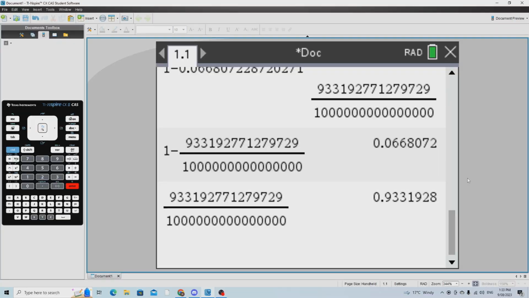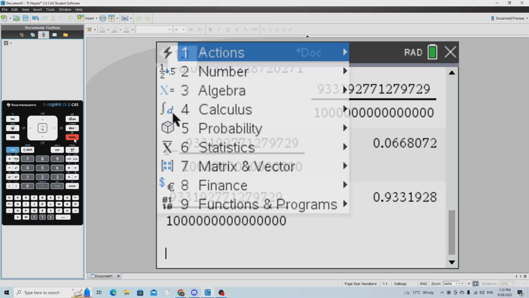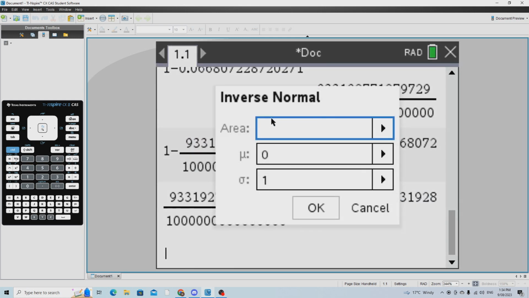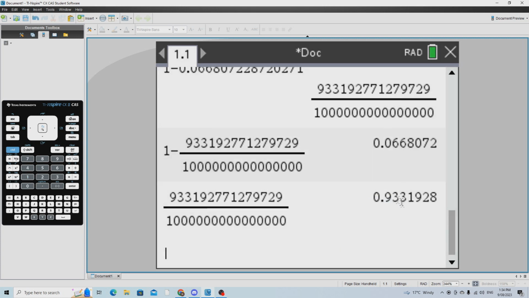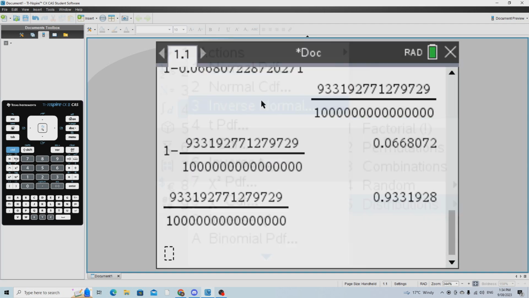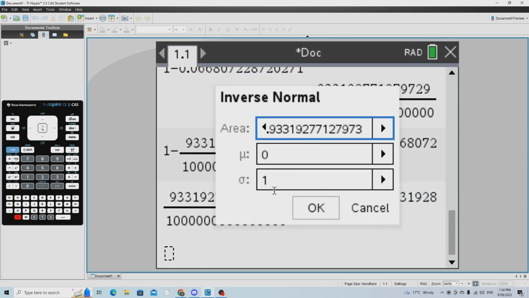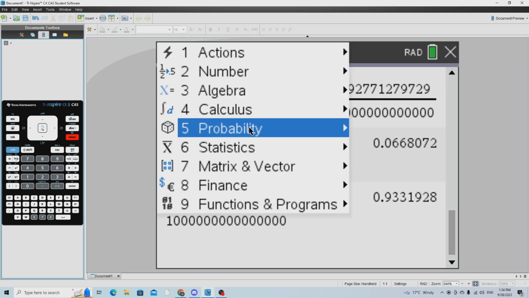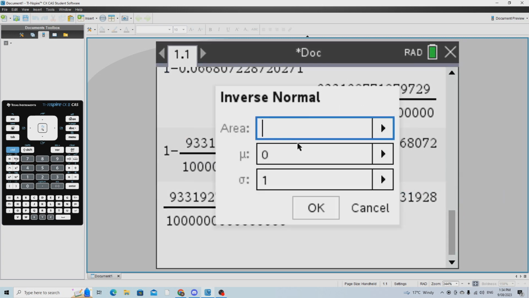So we can go to menu, probability, distributions, and inverse norm, and say your area is 0.9331. Actually, let's copy that, better to be safe. Inverse norm: that's your area, that's your mean, and your standard deviation, because it's a normal distribution. Probability, distribution, inverse norm.